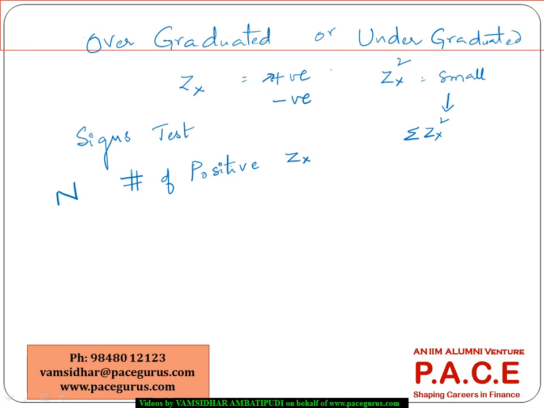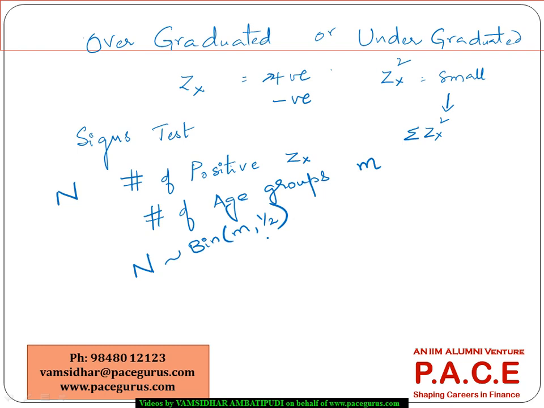If in the actual data I got n positive ZXs, and the number of age groups that I had is some m, then the signs test assumes that n follows a binomial distribution with m and 1 by 2, right?